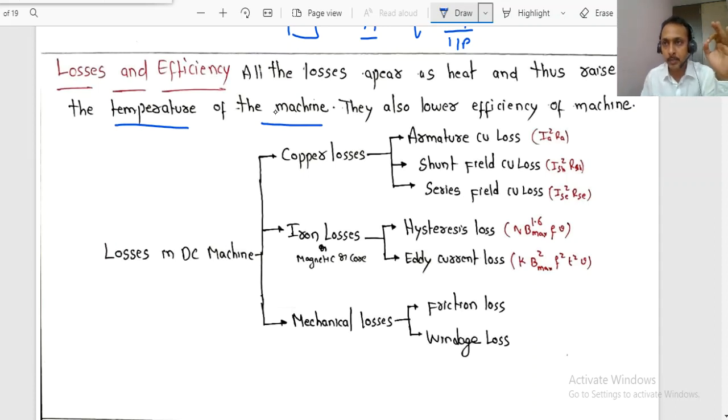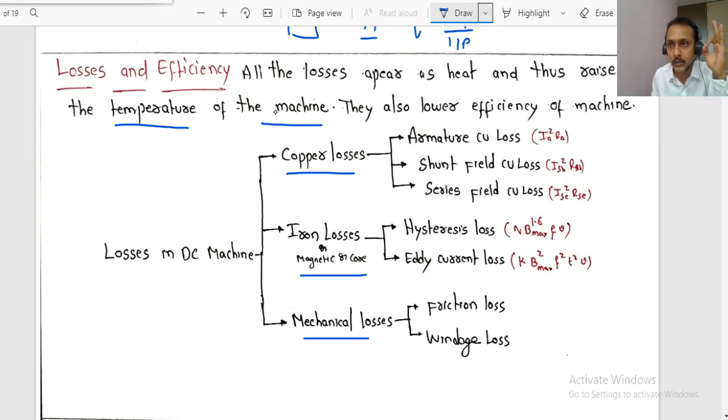Dear students, please observe, this is the classification. We have copper losses, iron losses (also called magnetic or core losses), and mechanical losses.